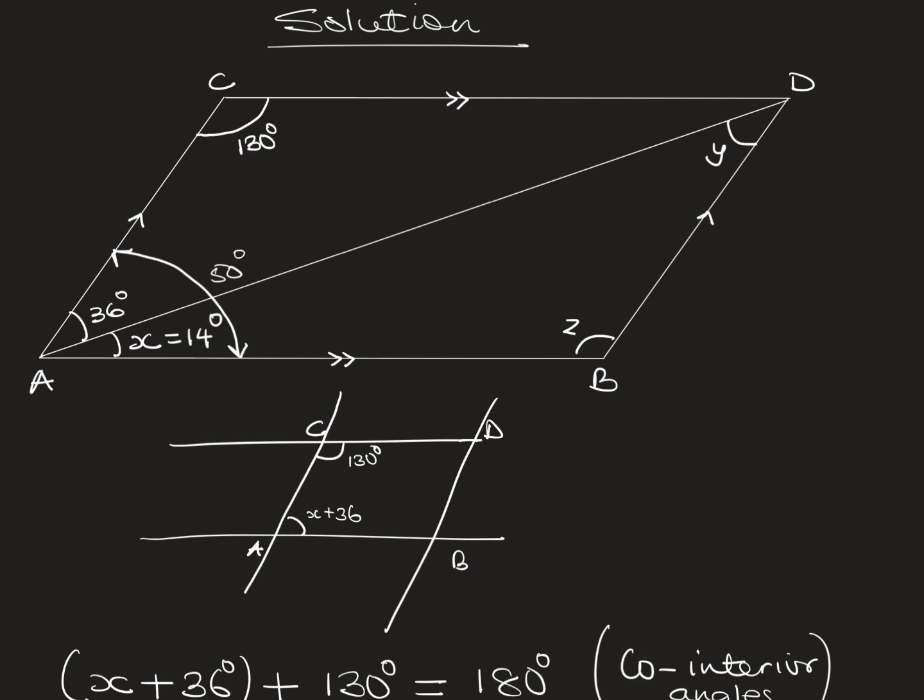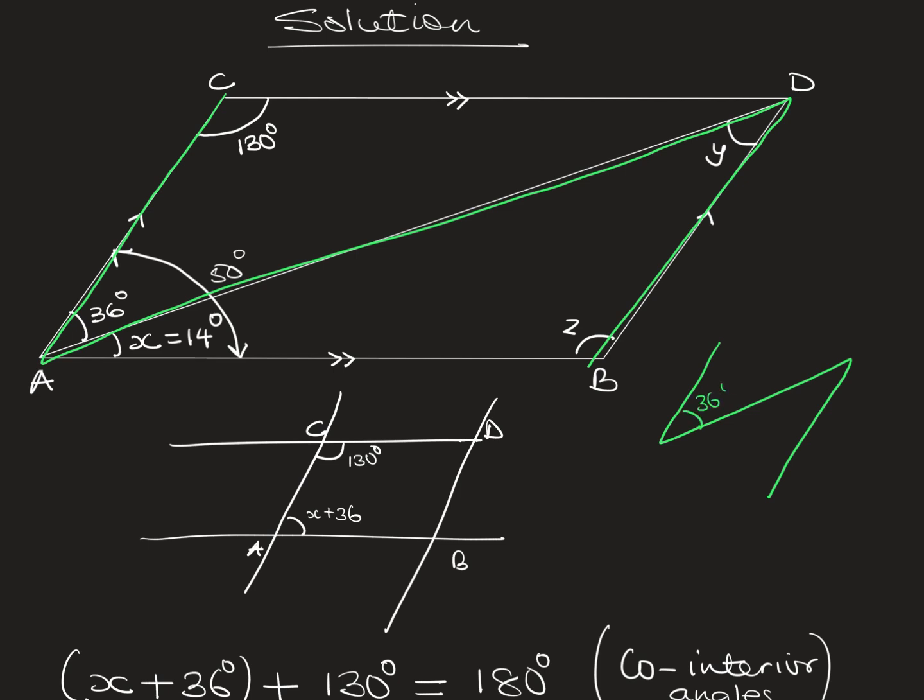Well, it is easy to find angle y because if you identify the shape, you have Z shape, right? And whenever you have Z shape, think about alternate angles. So this angle, which is 36, and this angle, which is y, must be equal.